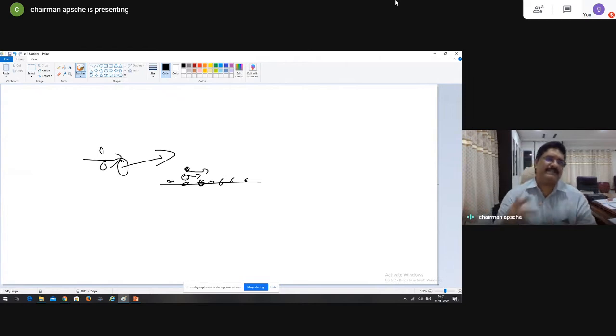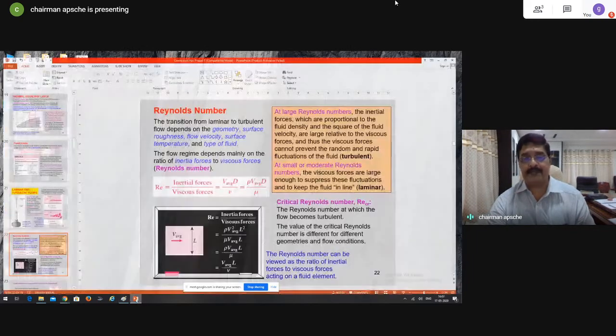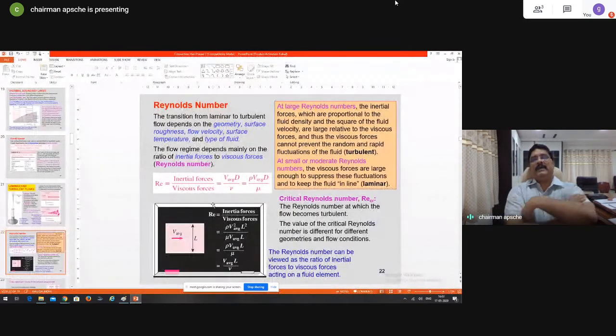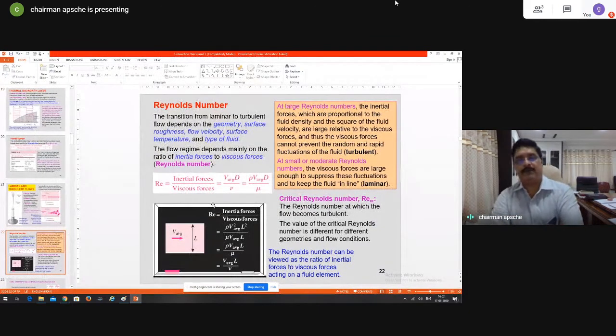So the inertial and viscous forces are obviously coming into the picture, explaining the fluid flow pattern, and therefore both the forces needed to be understood, and therefore a number called Reynolds number came into picture, and Reynolds number talks about the inertial forces to viscous forces. So it is popularly explained as rho v L by mu for all flat plates and rho v d by mu for all internal fluid flows, where L is the characteristic dimension. I think rho v average d divided by mu, v average within the hydrodynamic boundary layer.